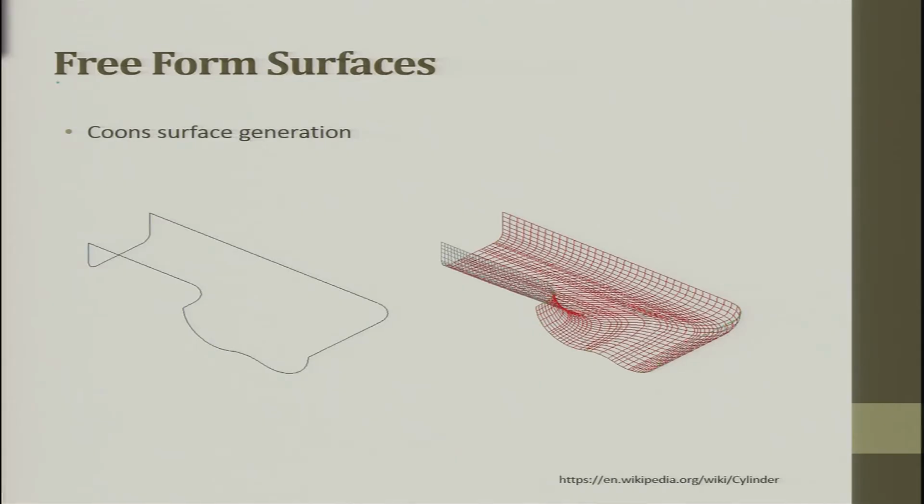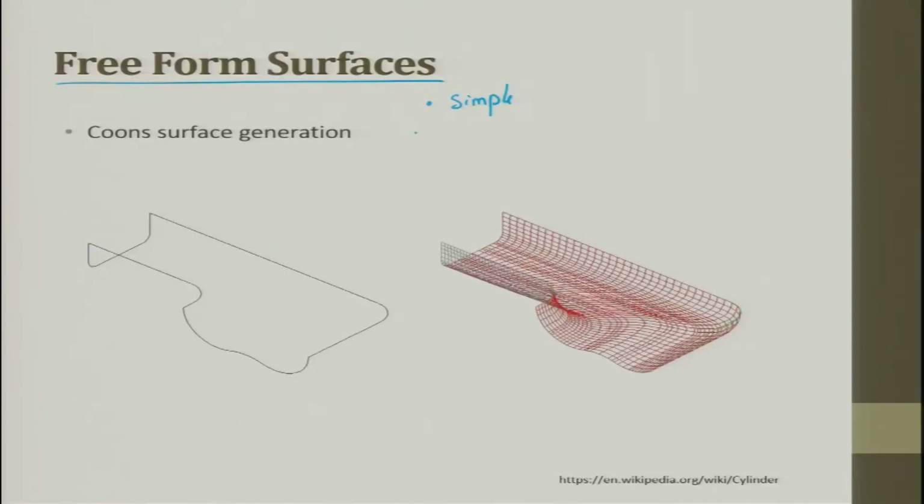So, when we talk about freeform surfaces, first thing comes Kuhn surfaces. So, Kuhn surfaces are relatively simple, a next step from whatever we have studied in 2D and then we saw translation, rotation, and next step moving towards 3D is going to be with freeform, and in 2D also freeform surfaces is very important. So, we will see how to draw a curve and other things.